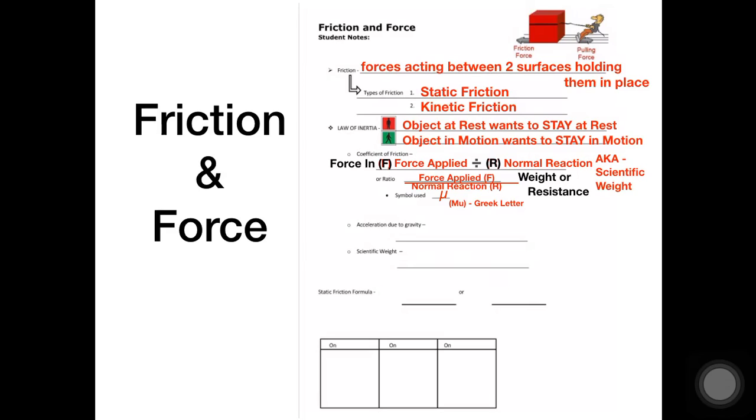M-U is how you pronounce it, mu, and it is a Greek letter. Go ahead and write the Greek letter mu and the words mu Greek letter. This is what we will be calling coefficient of friction in our formulas and things. Much easier to write than writing out the whole words coefficient of friction.